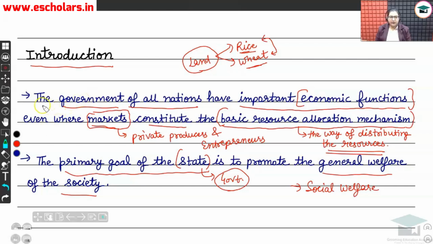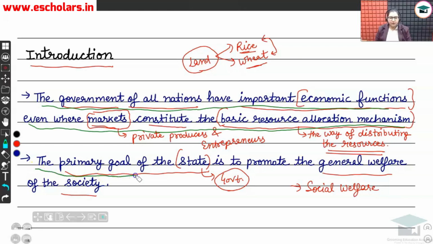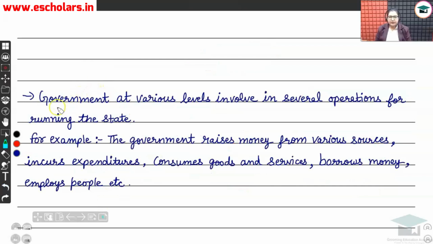So that the benefit of the people can be done. Now let's recall it. The government of all nations have important economic functions even where markets constitute the basic resource allocation mechanism. Also, the primary goal of the state is to promote the general welfare of the society. Further, we have government at various levels, that is the government at the central level or the government at the state level, or you can say the central government and the state governments.